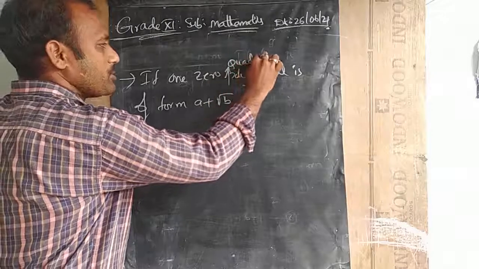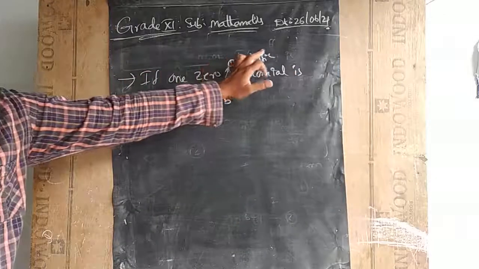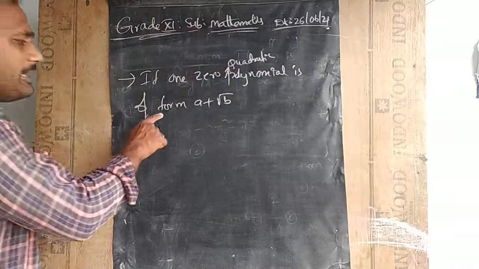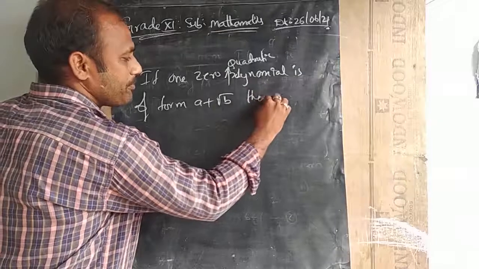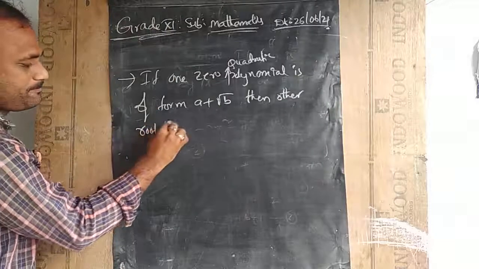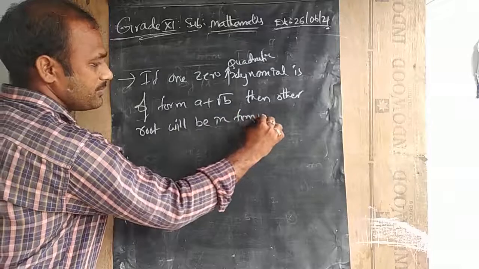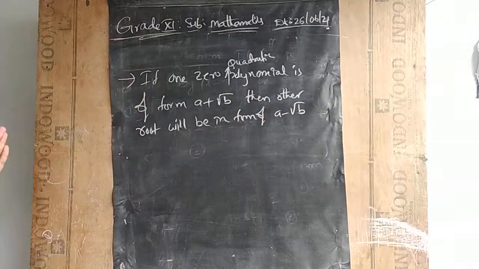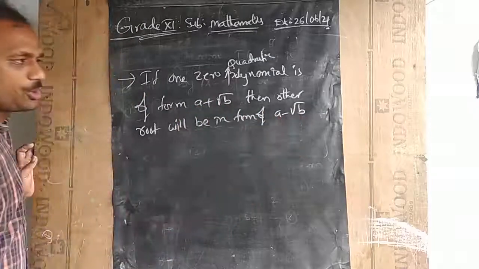In a quadratic polynomial, we are going to have two zeros, that is, two roots. If one root is a plus root b, then the other root will be in the form of a minus root b.